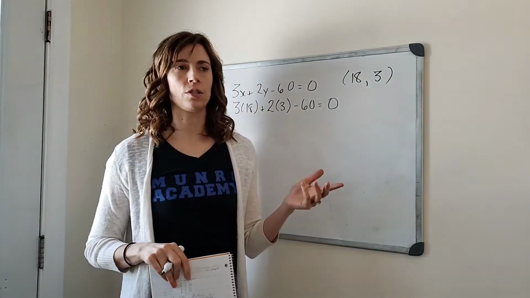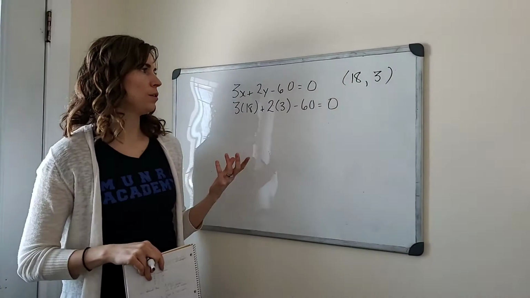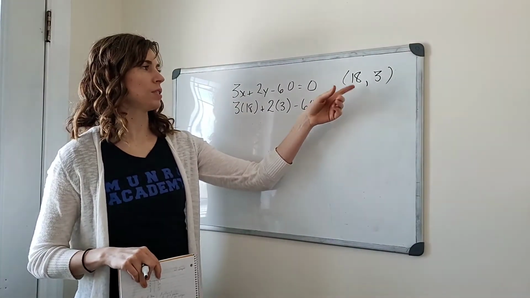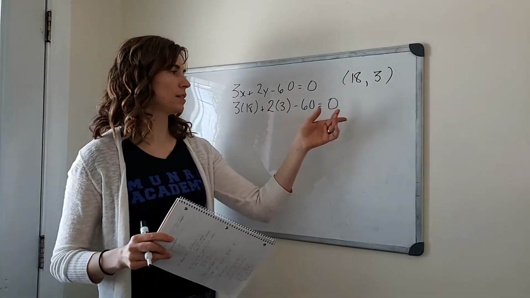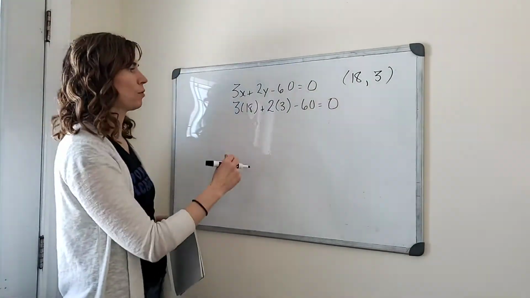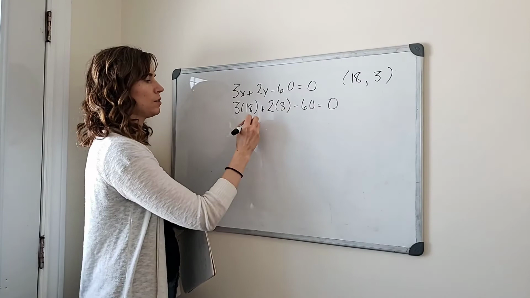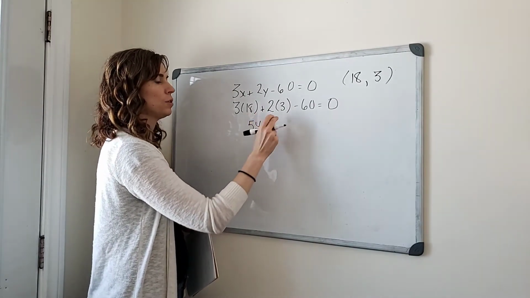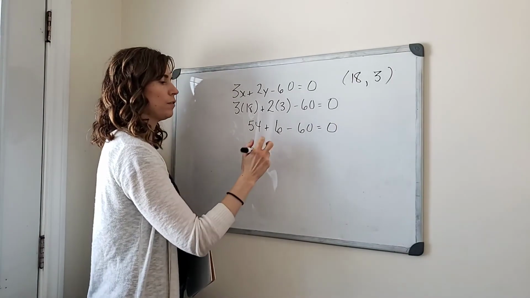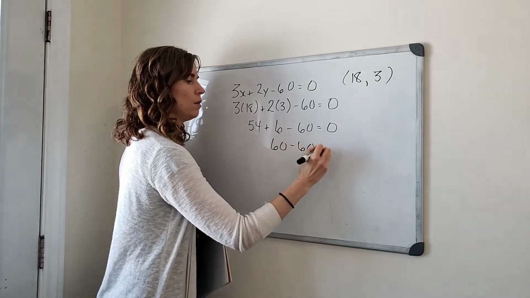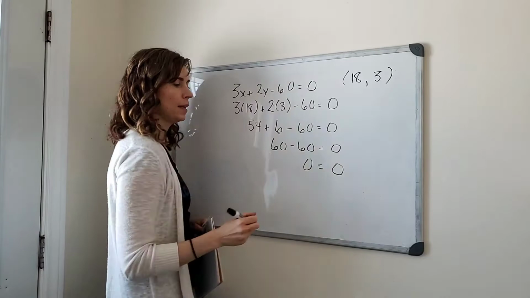You could have tried it like, okay, 18 plus 18 plus 18 plus 3 plus 3, does that equal 60? That's the same thing as what we're doing, but I'll just use this form. 3 times 18 is 54, plus 2 times 3 is 6, minus 60. 54 and 6, 60, minus 60. Oh, happy day. This is equal.